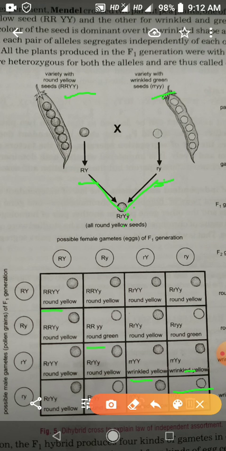In this you see gene for round character of seed is capital R, gene for yellow color of the seed coat capital Y, gene for green color of seed small y, and gene for wrinkled character of seed small r.